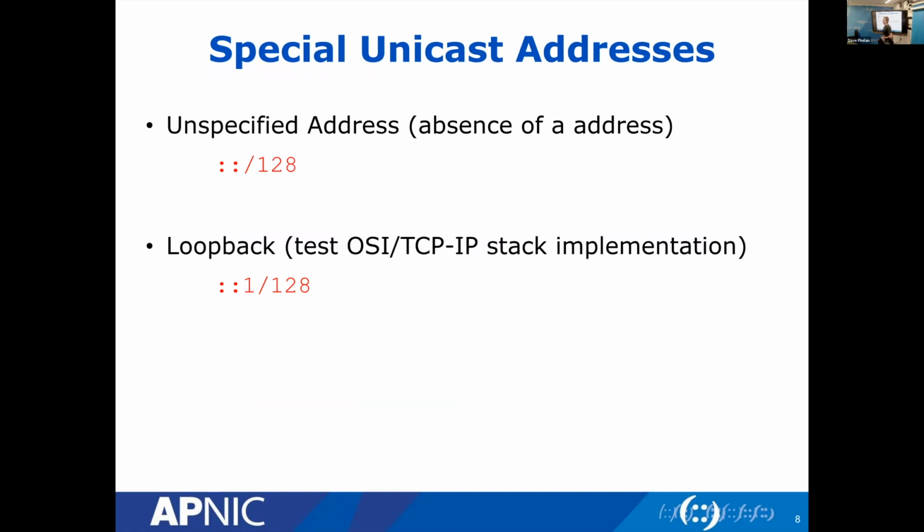So a couple of our special unicast addresses, ::/128. That is the absence of an address. There is no address. ::1/128. That's my loopback. What's my v4 loopback?